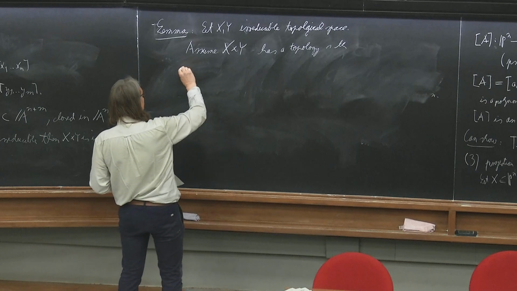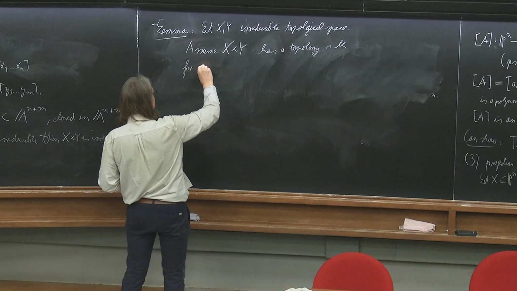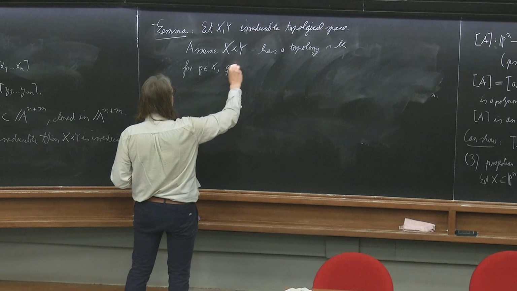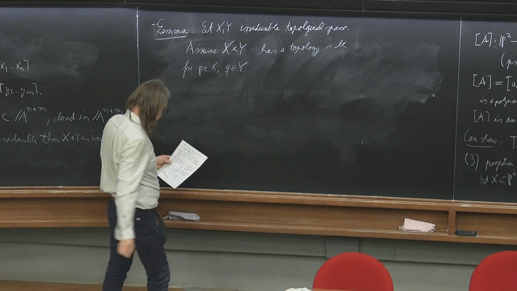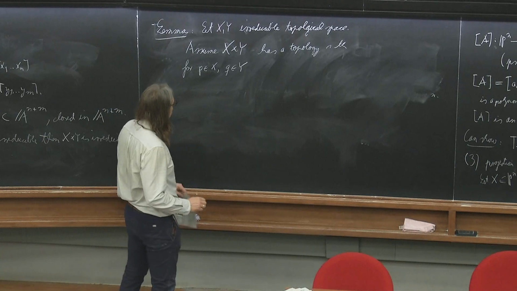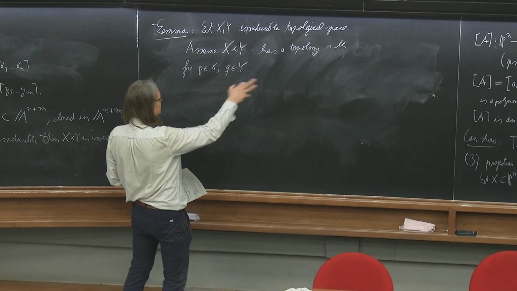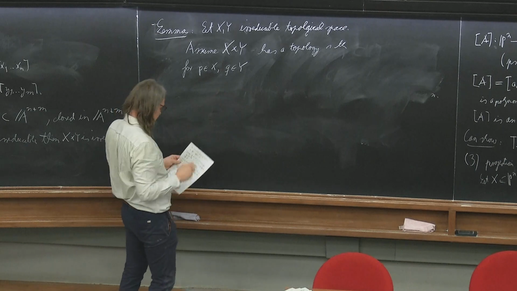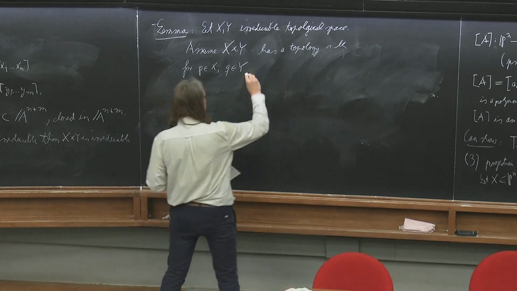So for all points p in X and q in Y, we have the inclusion maps of p times Y into it and q times X into X times Y. So we have the inclusions.